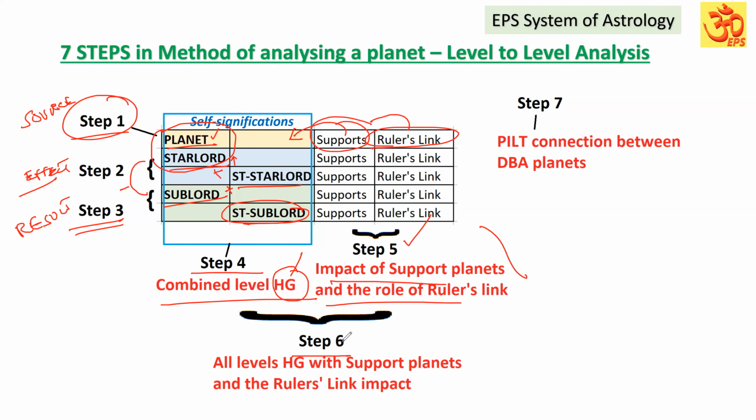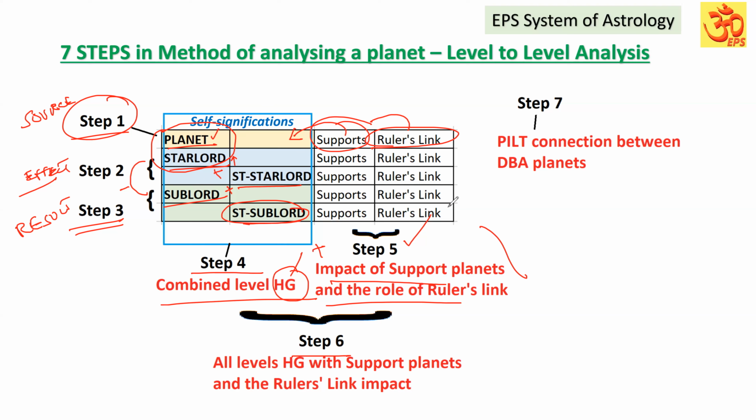Step number 6 is combined. We have to see what sort of output a planet is going to get in combination with step number 4 and 5. I'm repeating, step number 4 is the house grouping, all levels house grouping from planet to the last level, with the self-signification of all the rulers, wherein the ruler supports are not considered.